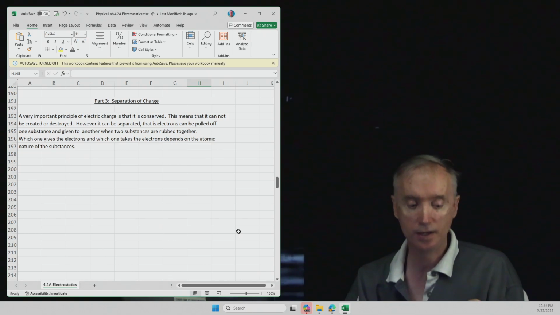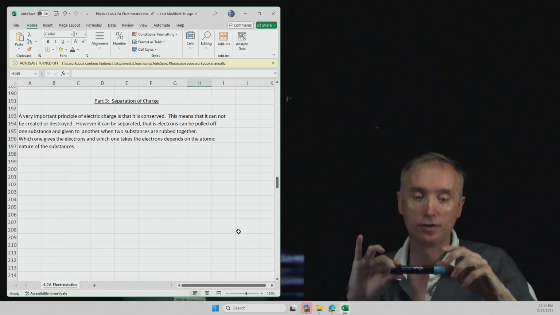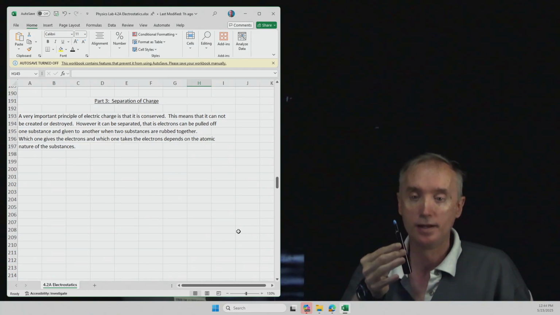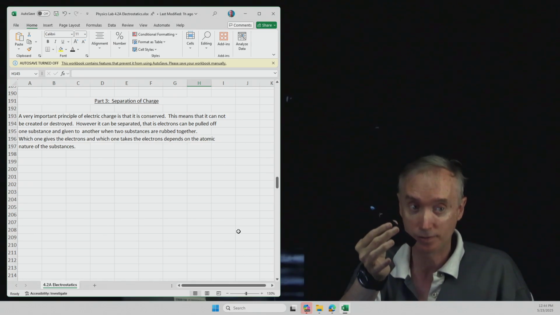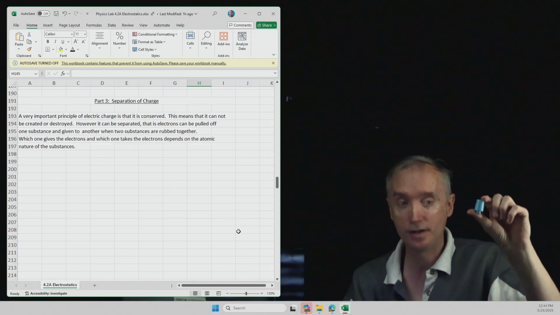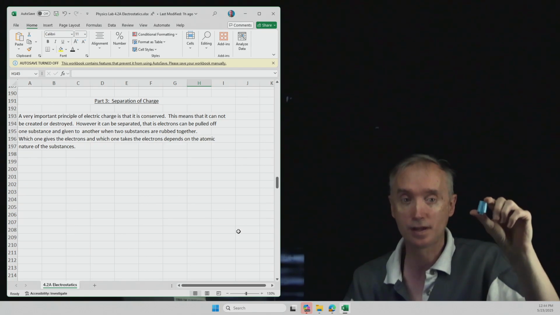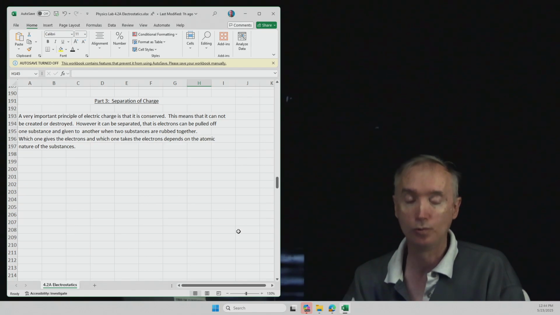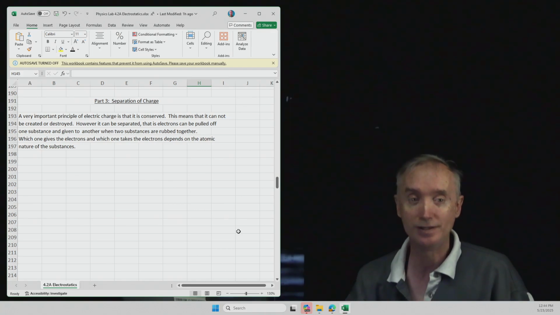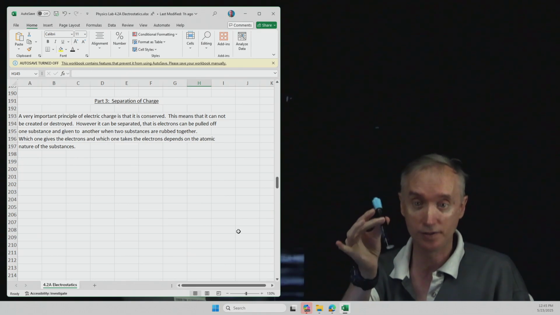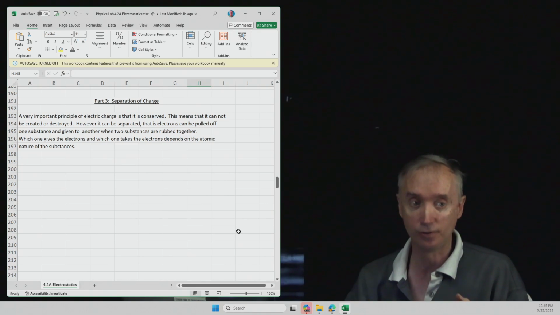So if this thing here is electrically neutral, and then I pull the top off of it, and now for some reason this has a net charge of +6, then this thing has to have a net charge of -6, so that when you add them back together again, +6 and -6 is going to be 0 again. So this thing was originally 0, and then afterwards it's still 0. So I didn't create any electrical charges.